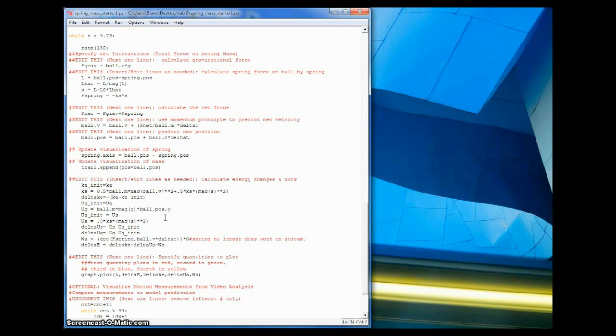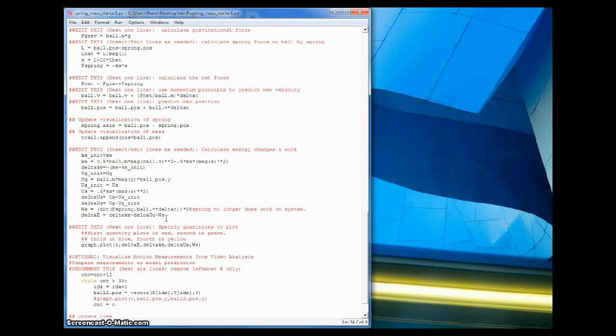So we do this much similar to the way that we did the gravitational potential lab. The only difference is now we're using the spring potential formula instead of gravitational potential, which is 0.5 times Ks, which is your spring constant, times the stretch squared.